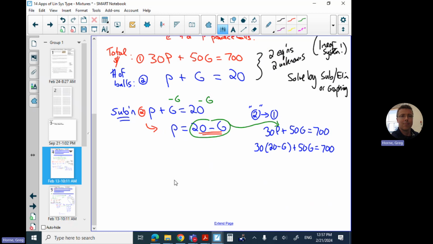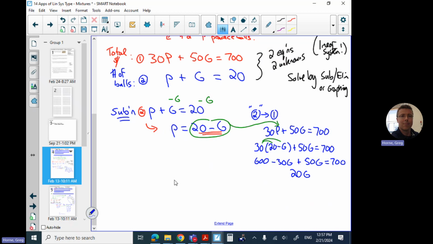So pause if you need to as you're working through this, of course, like I said. Expanding, you're going to get 600, and then take away 30G, and plus the 50G, equals 700. So 20G left over there, minus, oh no, it's plus, right?